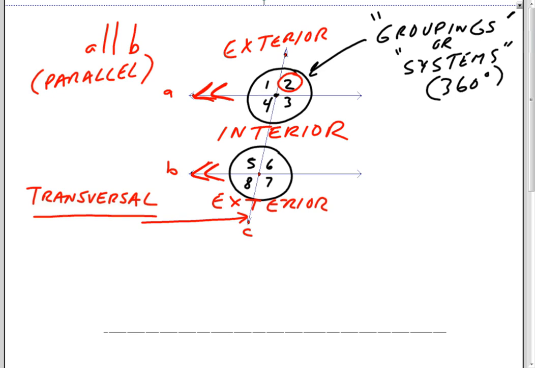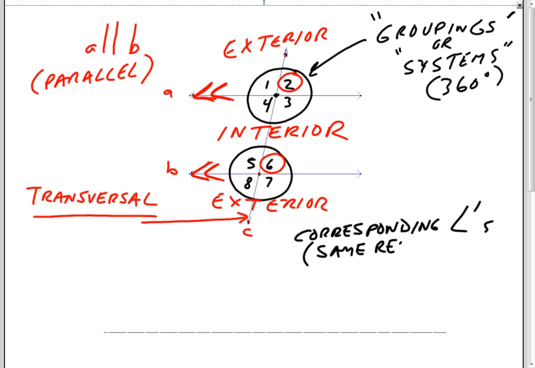What's up and right in this system? 6. We don't say that angles are in the same position. We say that they are corresponding angles. They're in the same relative position within their system.